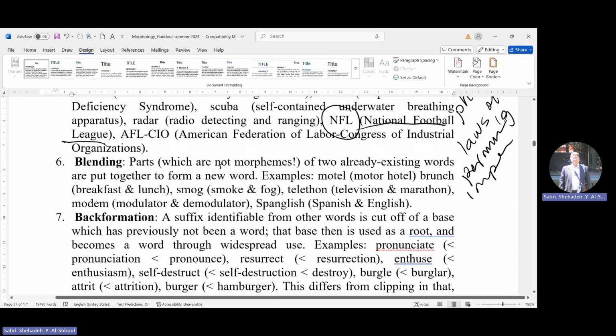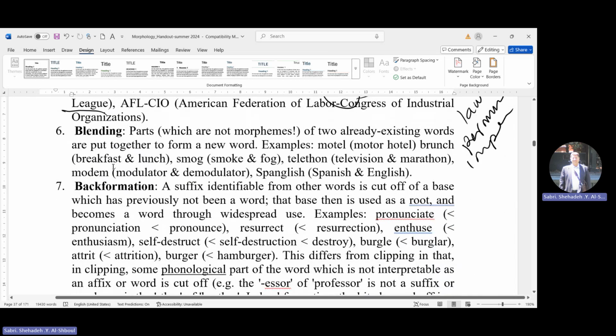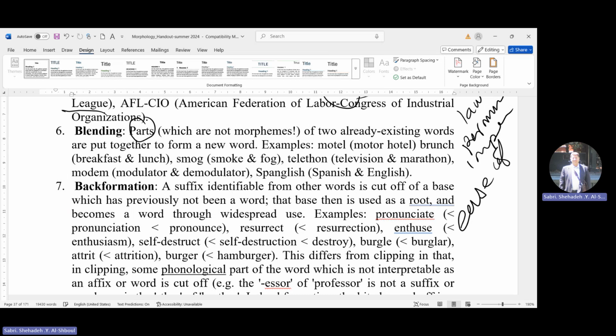Blending, actually, when we talk about blending, we talk about mixing things together, right? So here we say parts of two already existing words are put together. We say parts because we don't like to restrict ourselves to morphemes or syllables or letters, because as we said, it is the ease of articulation.